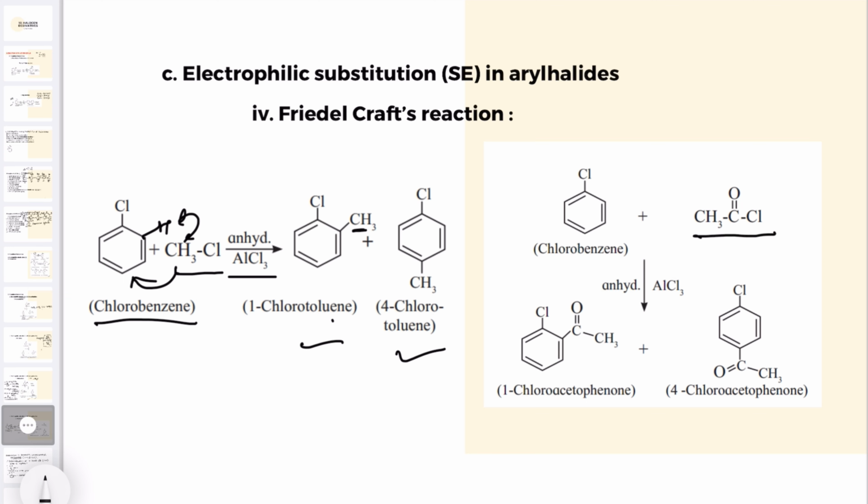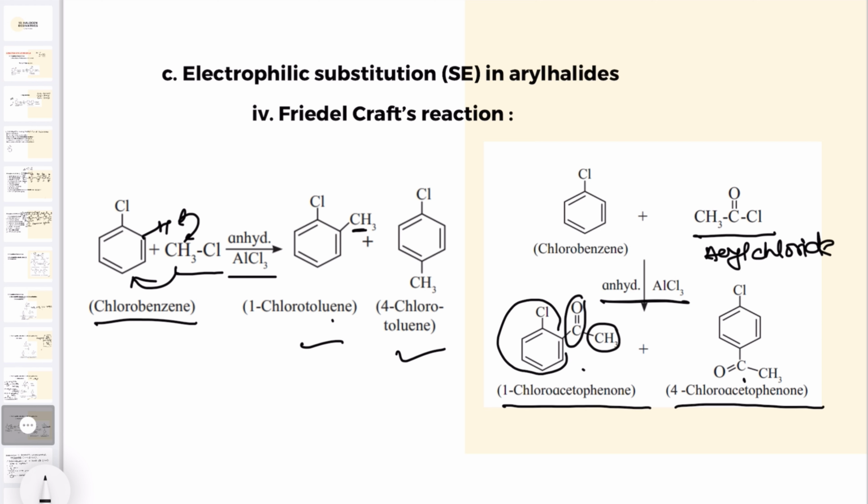Then next, if we take acyl chloride, that is CH3COCl, in presence of anhydrous AlCl3, again we get ortho and para derivatives. The names of these compounds are 2-chloroacetophenone and 4-chloroacetophenone. Why is it called acetophenone?